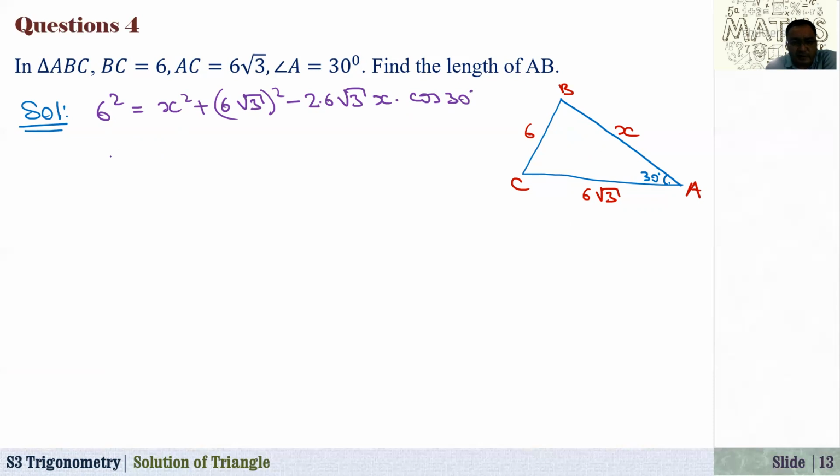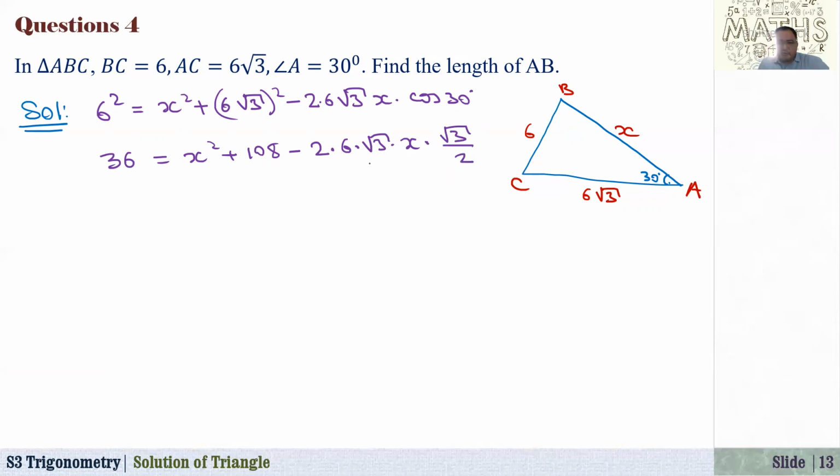So now if you simplify this, here we have 36 equals X squared plus 36 times 3, it is 108, minus 2 times 6 times square root of 3 times X times cosine of 30. What is cosine of 30? That's equal to square root of 3 over 2.